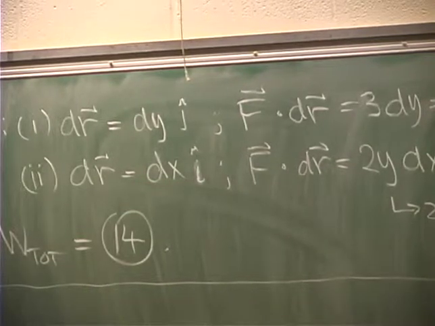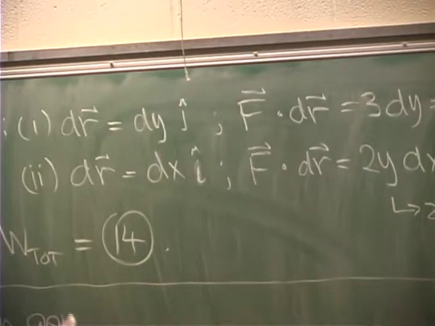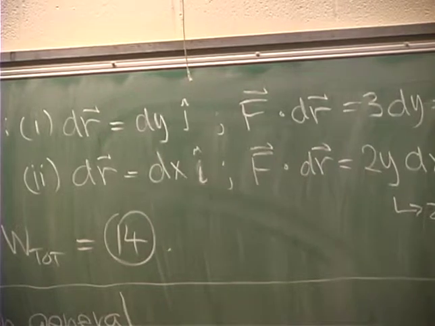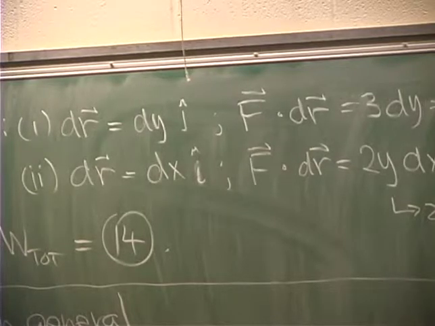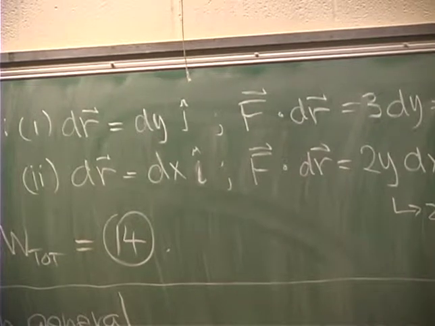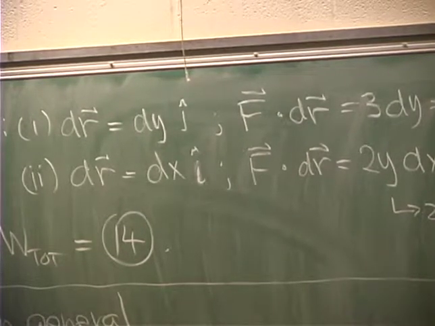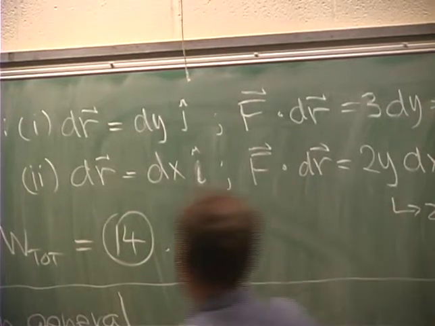In general, the work done by some force is going to depend entirely on the path you took. Remember, I'm always taking the same beginning point and the same end point. But in general, for an arbitrary force, if you don't know something special about it, you should expect that the work done when I move an object from point A to point B is going to depend entirely on what route you took from point A to point B.